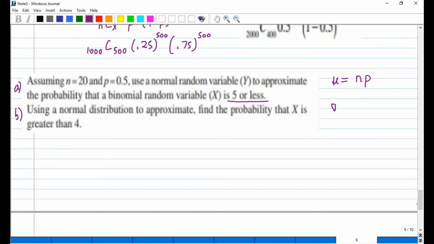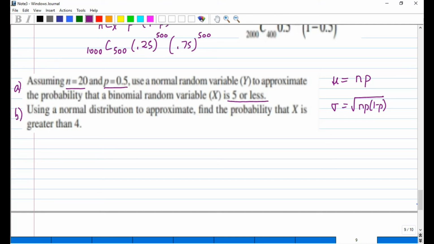And the way that we find the standard deviation, and we went over this a while back, is the square root of n times p times 1 minus p. So we will need those to help us find our z-scores, because we need a mean and we need a standard deviation. So this problem tells us n equals 40 and p equals 0.5.